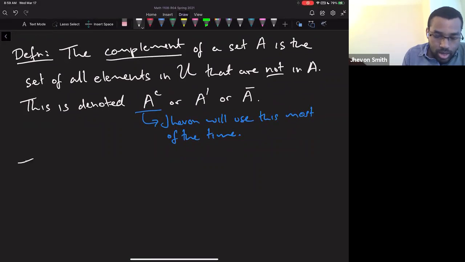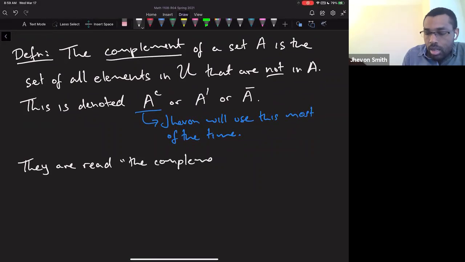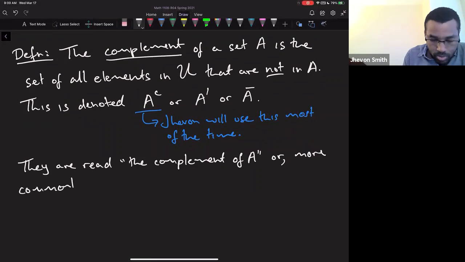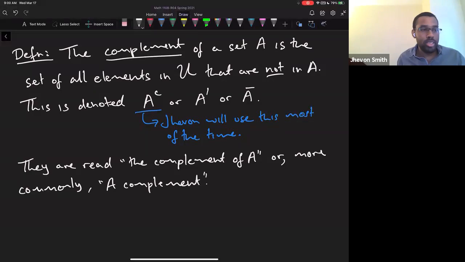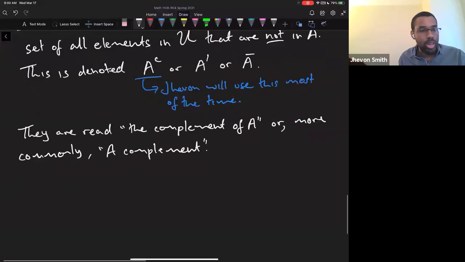They are read the complement of A, or more commonly we just say A complement. Right? So if I say A complement, I'm talking about everyone in the universe that's not in the current set A that I'm looking at.